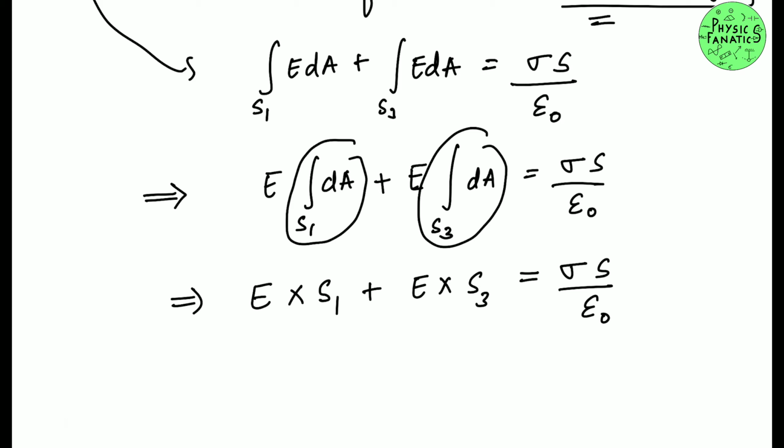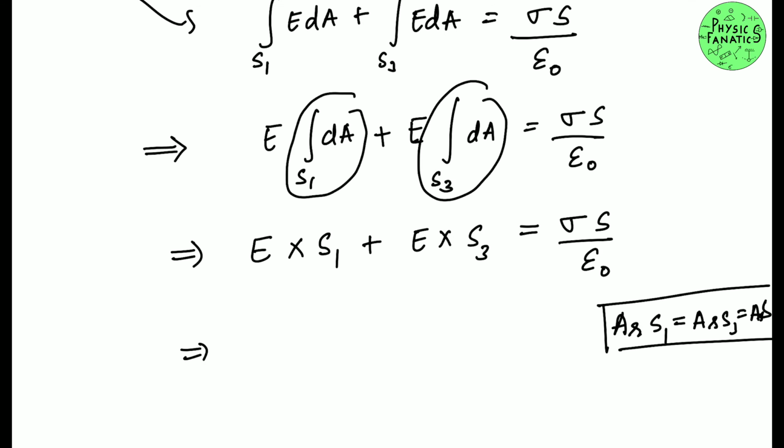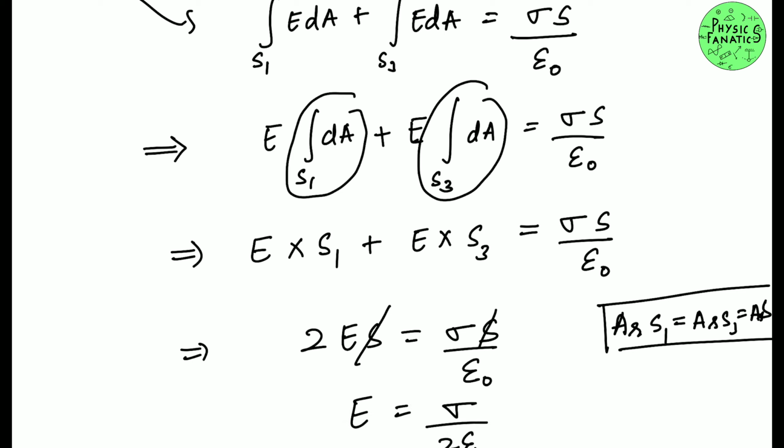Now at the start of the video we said that the area of S1 is the same as the area of S3, which is the same as the area of S. All the areas are the same. That means I can write 2 times E S is equal to sigma S upon epsilon naught. S and S will cancel out, and you're left with E equals sigma upon 2 epsilon naught.